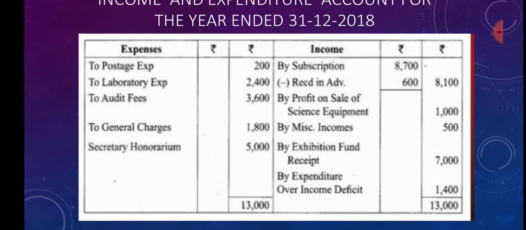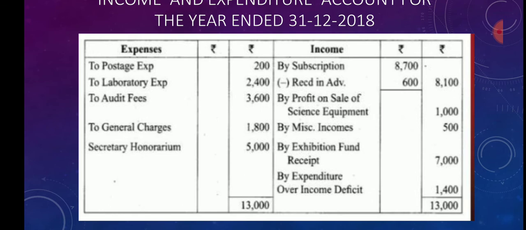If the total of the debit side of the income and expenditure account is more than the total of the credit side, it is an excess of expenditure over income. The balancing figure is either surplus or deficit.